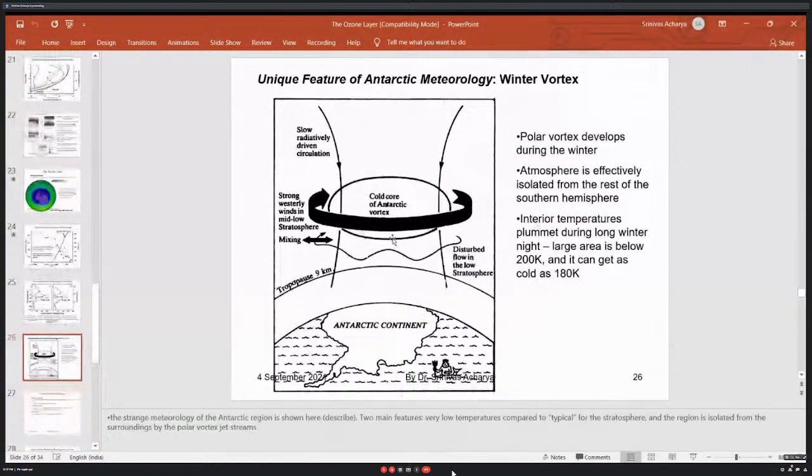And the core of the Antarctic vortex, with its unique meteorological condition in the winter season, is the main cause of ozone depletion mostly at the South Pole regions.